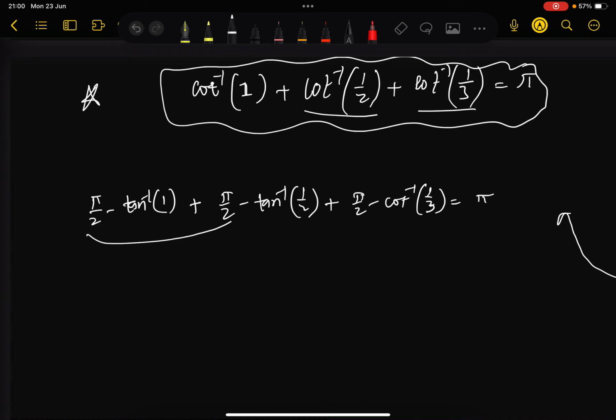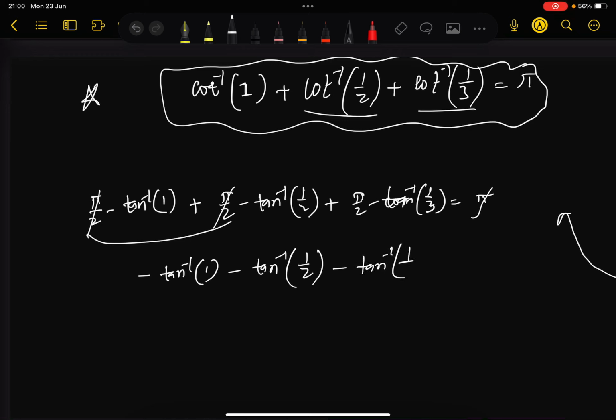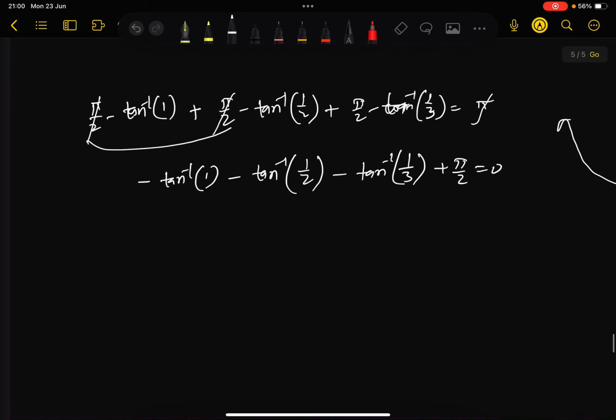So these pi by 2 terms will become pi, and this is also pi, so pi cancels out. So we are getting minus tan inverse 1 minus tan inverse 1 by 2 minus tan inverse 1 by 3 plus pi by 2 equals 0.